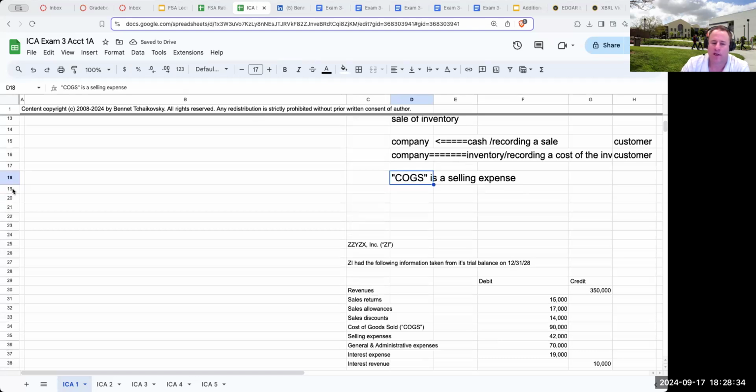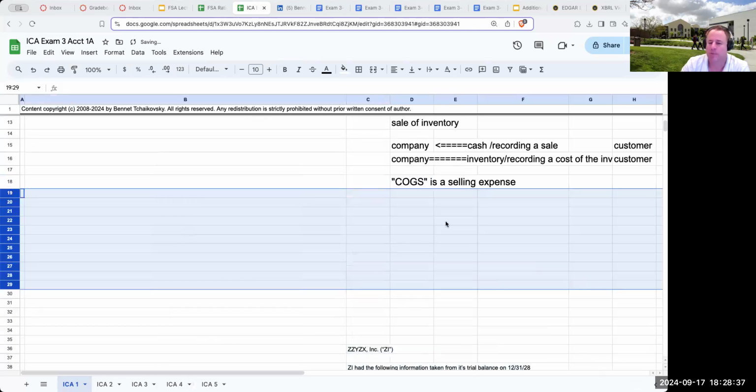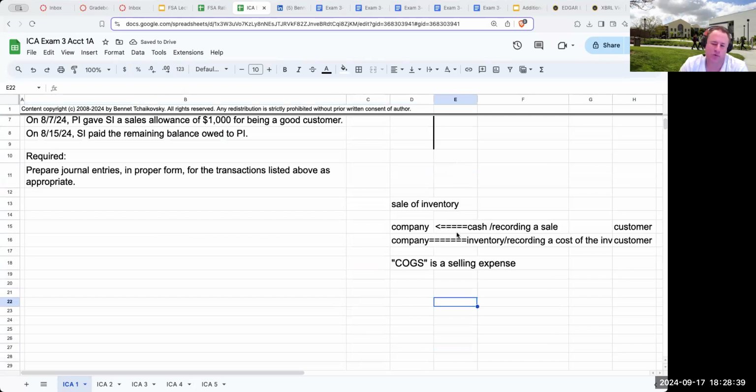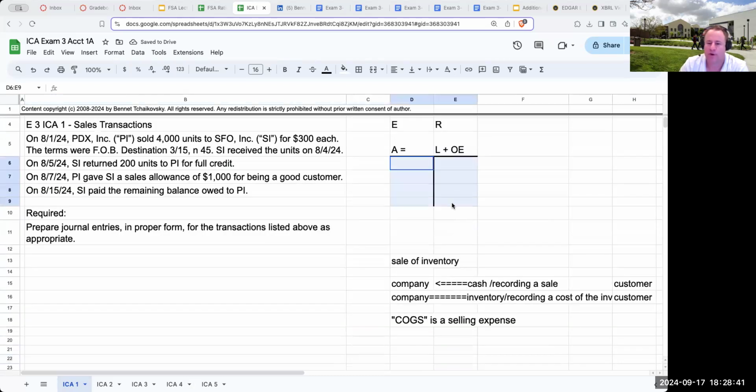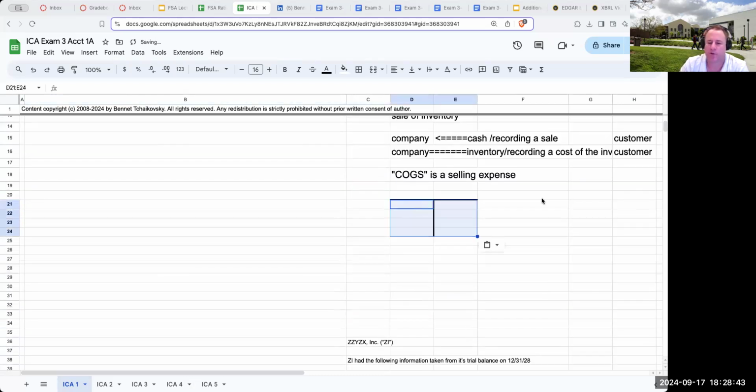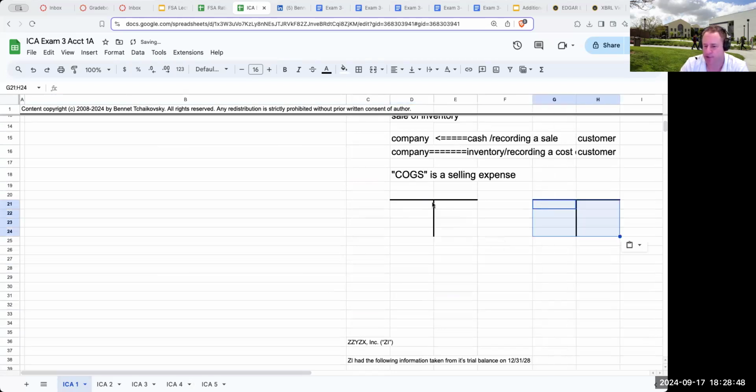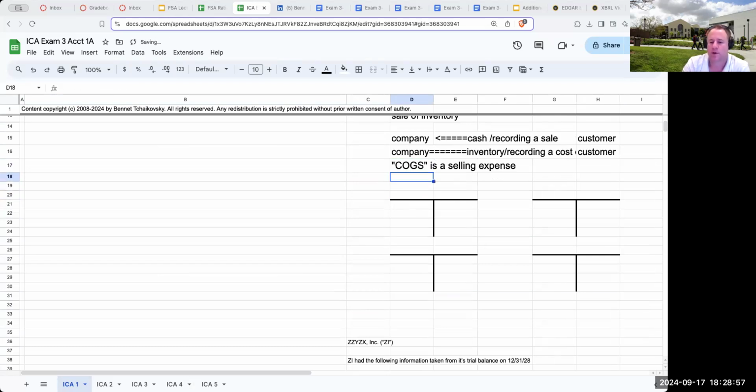So when I'm recording a sales transaction, it's very important to remember that a couple of different things are happening simultaneously. When recording a sale of inventory, I need to record the sale.